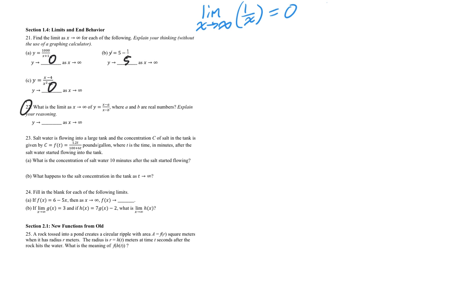Moving on to question 22, we're told that y equals x minus a over x minus b, where a and b are real numbers. So we can use the same idea here. We multiply the denominator and the numerator by 1 over x.